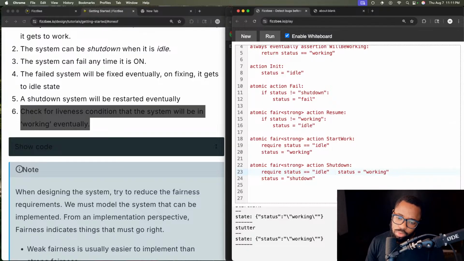Would it be when idle? Okay, so I can't actually remove that here.